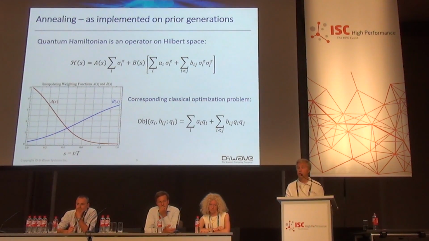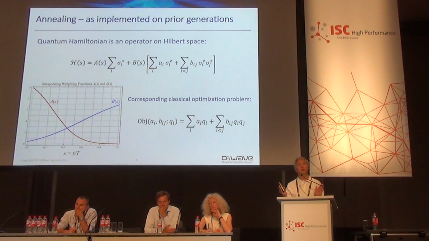The programmer controls the parameters that determine the individual biases on the qubits and the strengths of the couplers. And the graph that you see at the bottom represents these two curves, the A and the B curve. The A curve represents the strength of the quantum fluctuations at a point in time, and the B curve represents the strength of the energy landscape at a point in time.